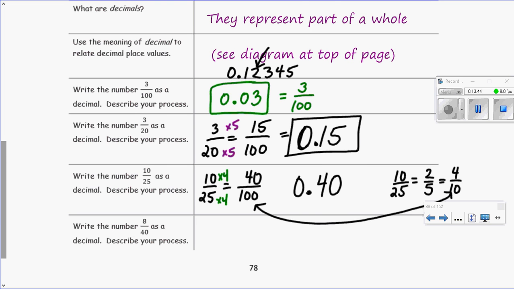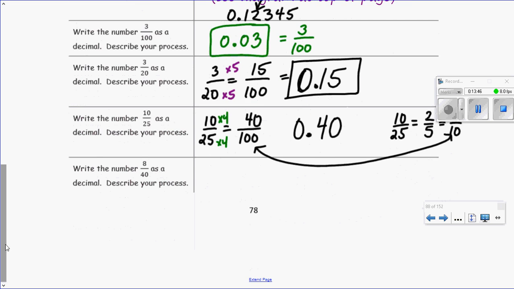Okay, for the last one, this one's a little tricky. You could do 8/40ths. You could put that equal to a number out of 1,000. It doesn't go into 100 evenly, but another cool way to do this is I can reduce it to tenths.